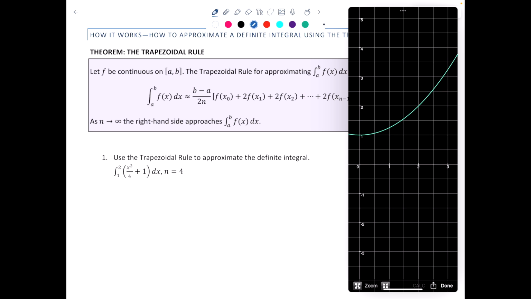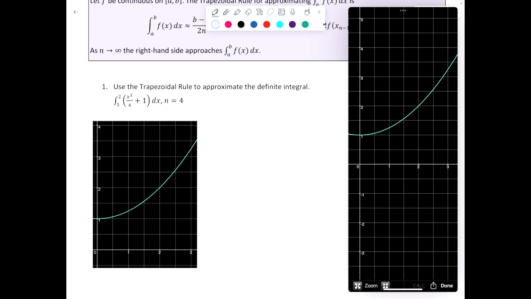So we'll keep our graph about here. Good so far? Now, we are being asked to use 4 rectangles to do this. And so, if we take a picture of this graph, okay, we are being asked to use 4 trapezoids to approximate this area.